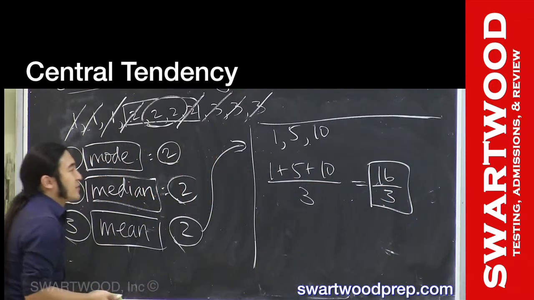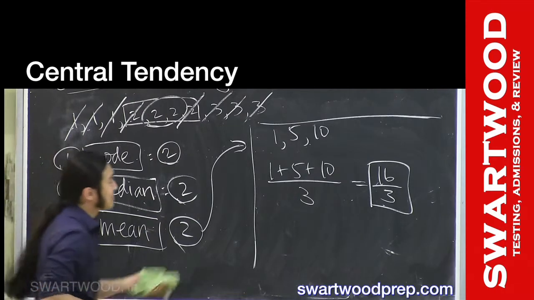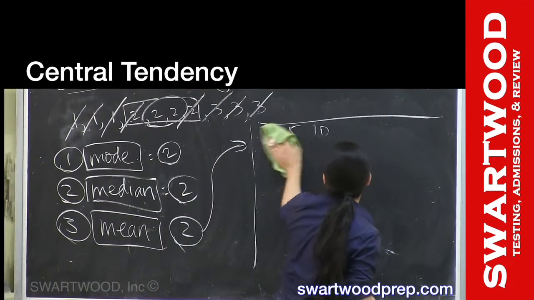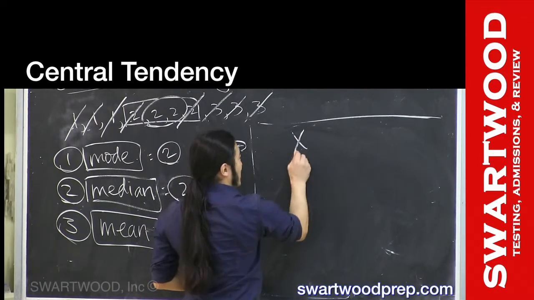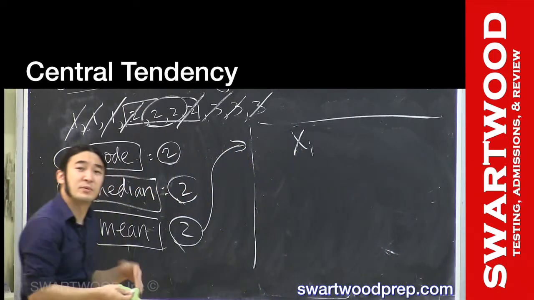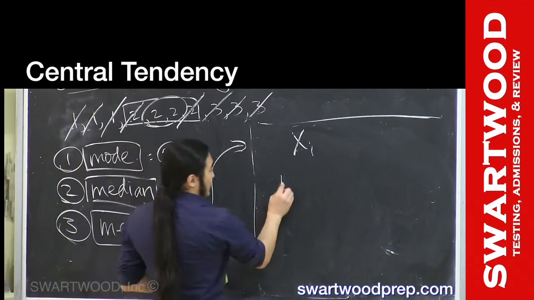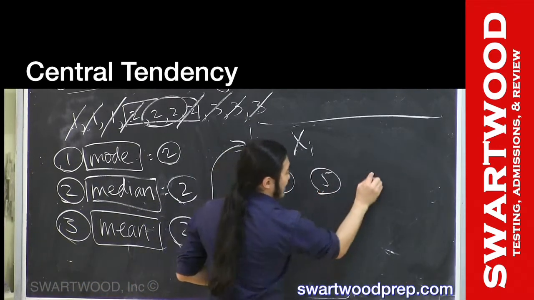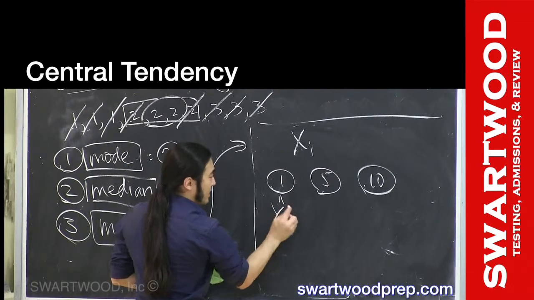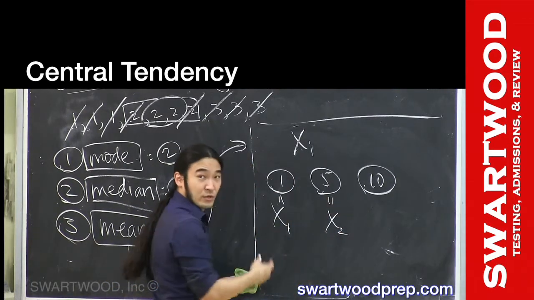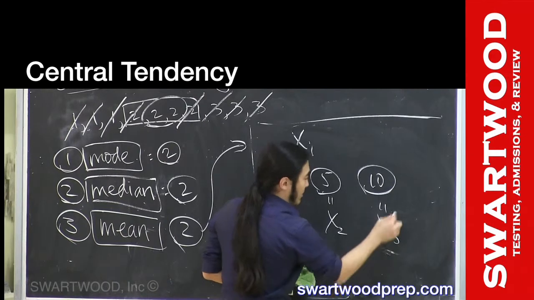I'm going to take it for granted that you feel relatively comfortable with this. So let's get a general procedure for it. It's funny notation, but let's let this guy be a score. For example, let's say I had 3 scores, 1, 5, and 10, like we just had. I'll call this first score x1, this second score x2, and this third score x3.